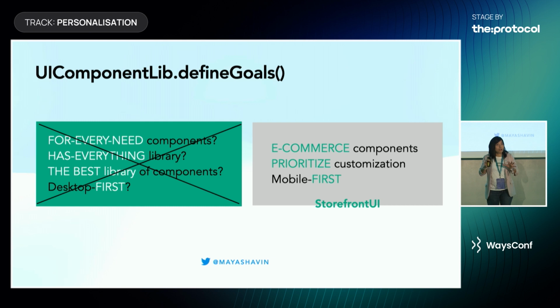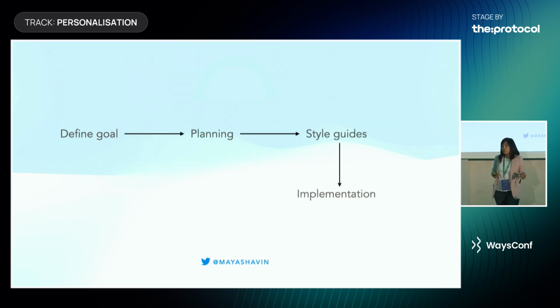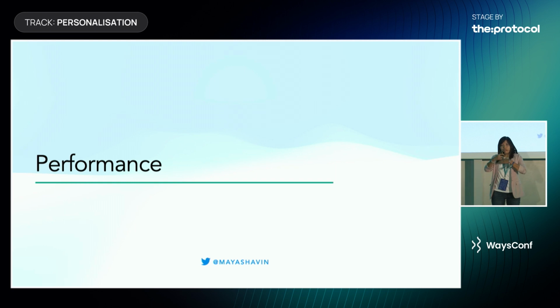So when we developed the component library, we designed the components to fit mobile devices first before extending to desktop. That's how we defined the goal in our case. Once we defined the goal, we started planning and defining the style guides with designers ourselves, then implementation, and then we continued doing integration to revisit and continue on.